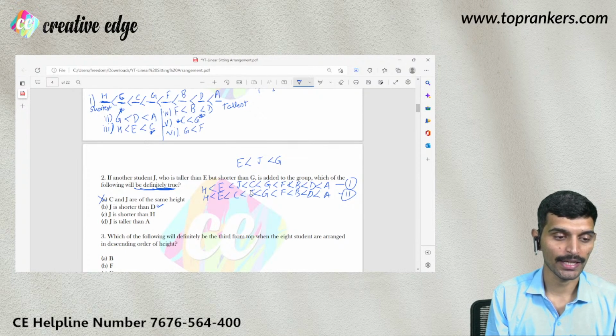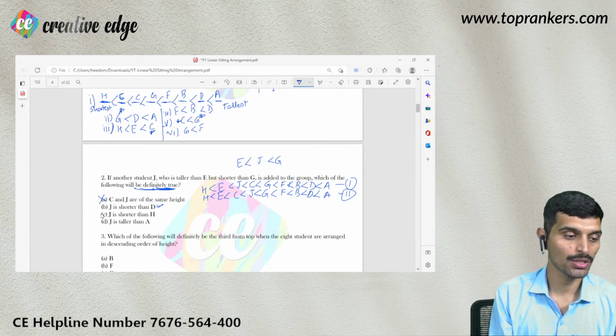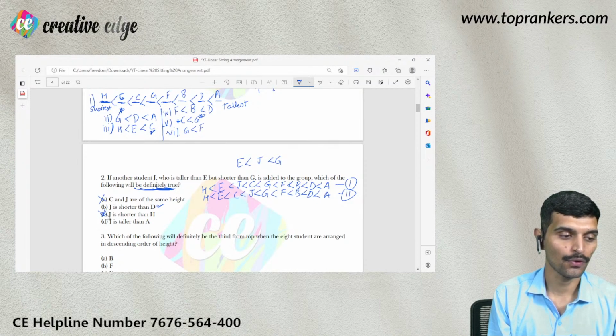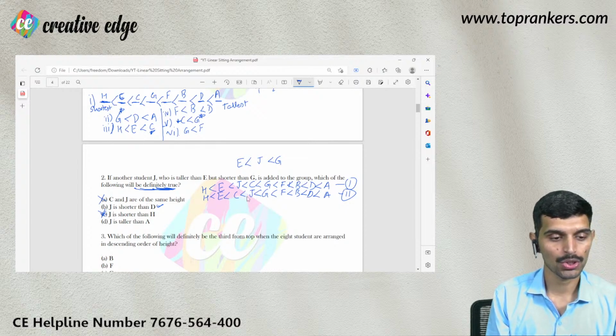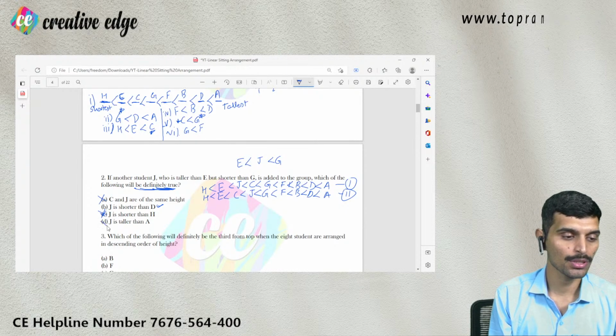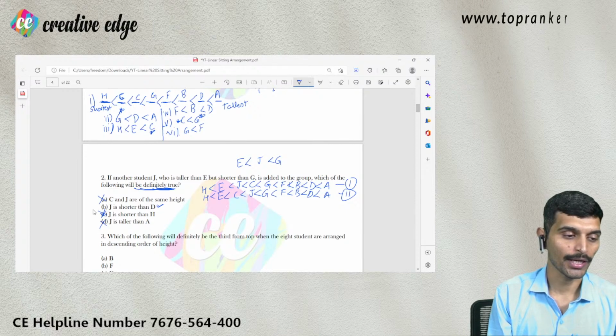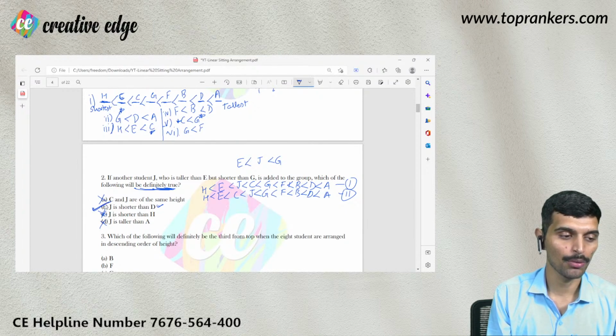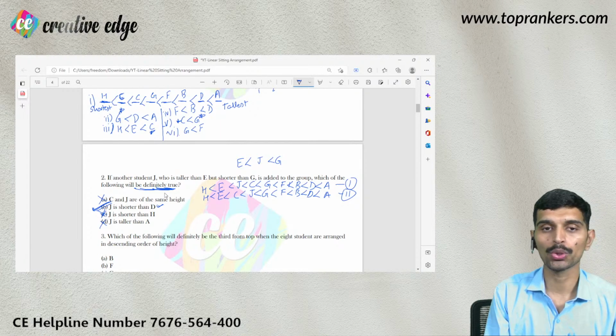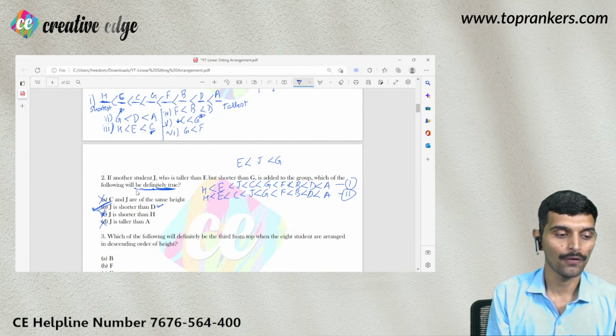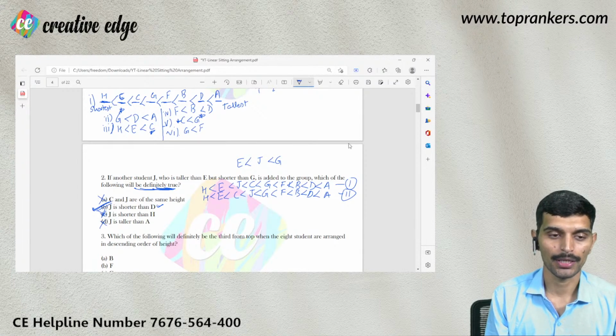J is shorter than H. Not happening. This is false for sure. J is taller than A. J is shorter than A in both the cases, so this is also not happening. So correct answer has to be option B. This will be the definitely true possibility of all the given options, right?